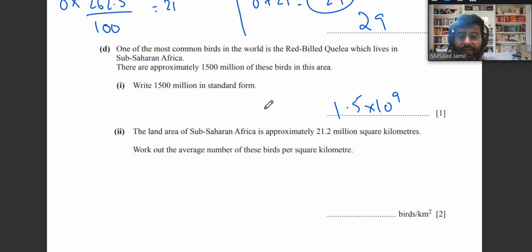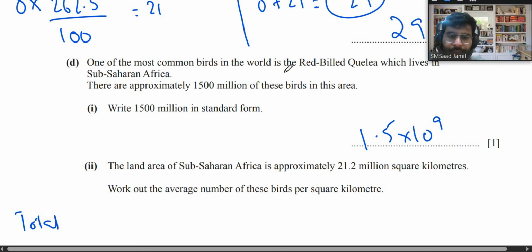Now it says the land area of sub-Saharan Africa is approximately 21.2 million square kilometers. Work out the average number of these birds per square kilometer. So now guys, it says average number of birds per square kilometer. So you will do total birds divided by land area. Let me zoom it in for you guys even further.